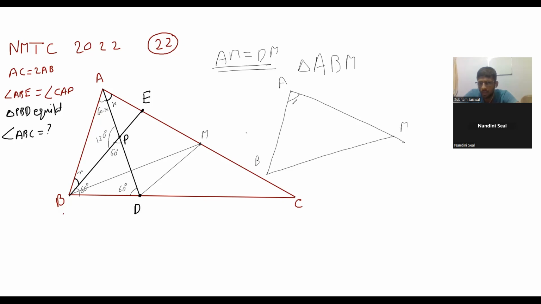I'm looking at this is 60 degrees. There's one source of information. The angle information is telling me it's 60 degrees. And this other information is telling me that AB equal to AM. What can I say about this triangle? Equilateral.